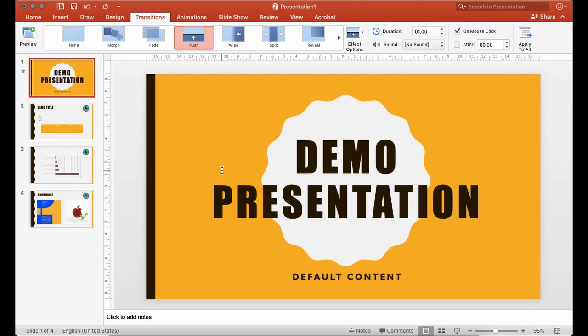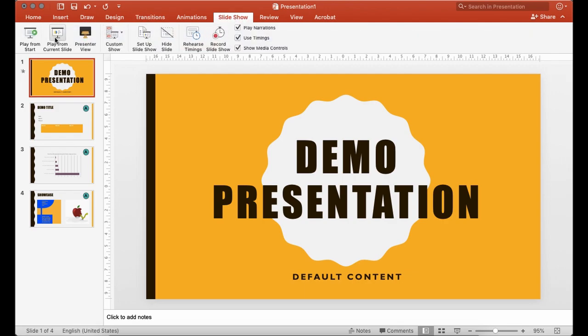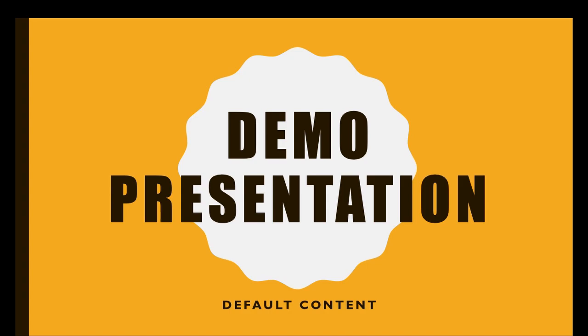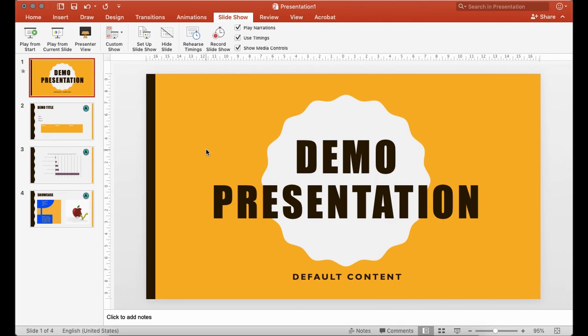So let's run our slideshow again and see what that looks like when we are presenting. Okay, so you notice that the title slide was animated in using the exact transition that we specified, which was pushing. I'm going to click escape now to close that.